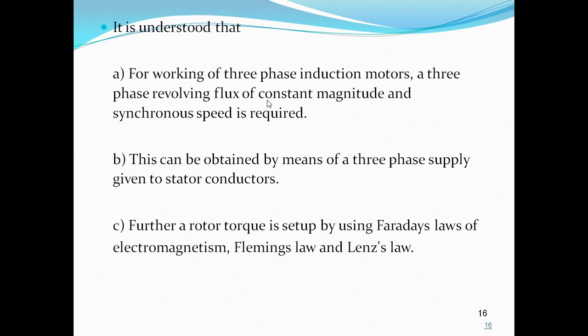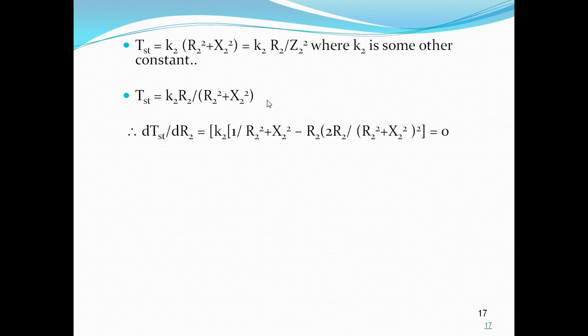Further, the rotor is set up by using Faraday's laws of electromagnetic induction, Fleming's law and Lenz's law. So T starting = K2 into R2 by (R2 square plus X2 square), where K is the constant.